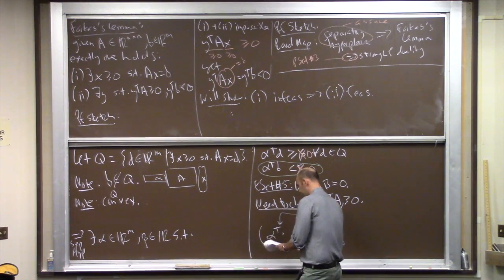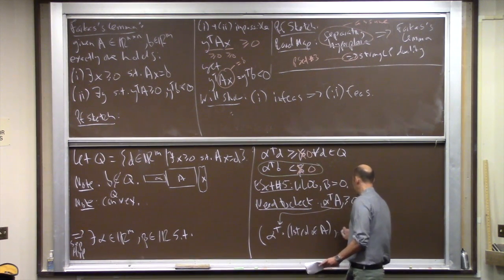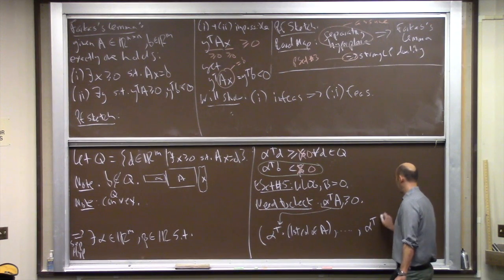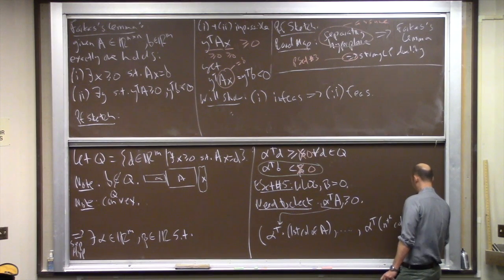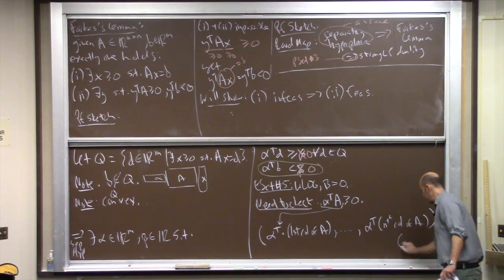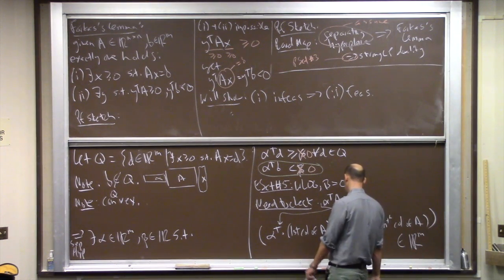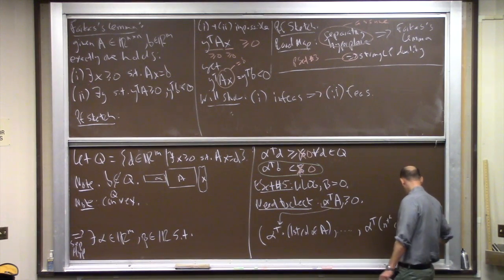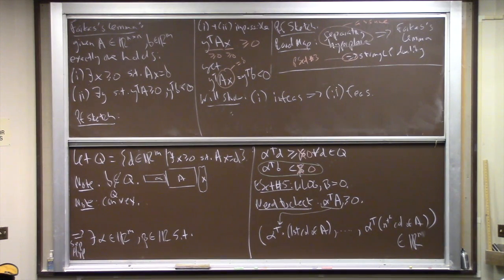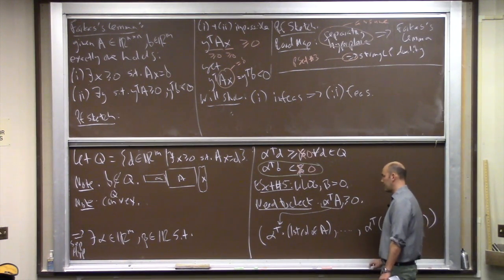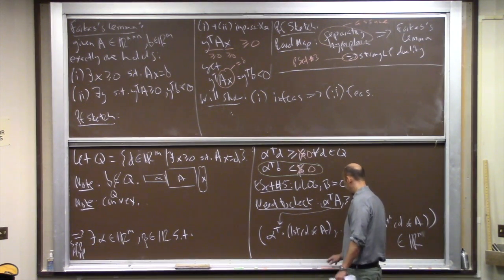This is alpha transpose dotted with the first column of A, all the way up to alpha transpose dotted with the nth column of A. No, sorry, an n vector. So what are we trying to prove? We're trying to prove that every one of these coordinates is non-negative. If we can do that, we can plug in alpha as y, and we're all set.